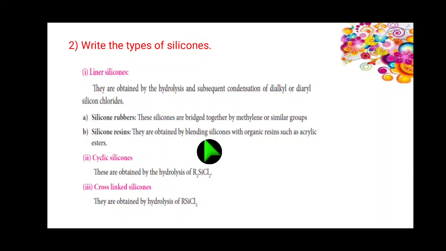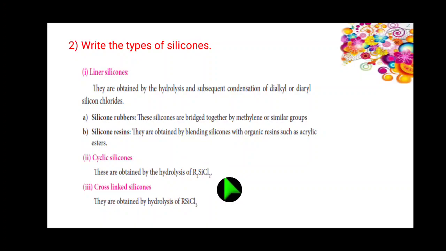These are obtained by blending silicones with organic resin such as acrylic ester, right? So silicone rubber, silicone resin come under linear silicone.